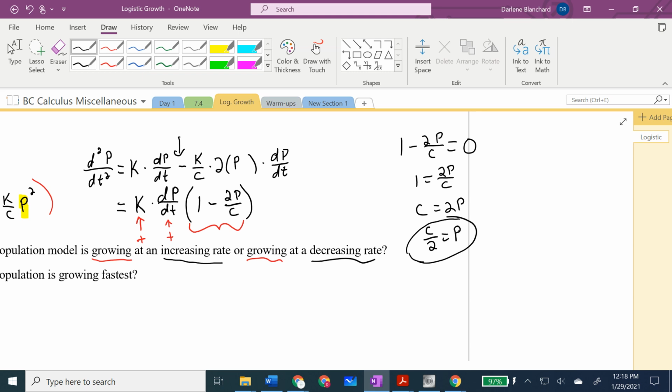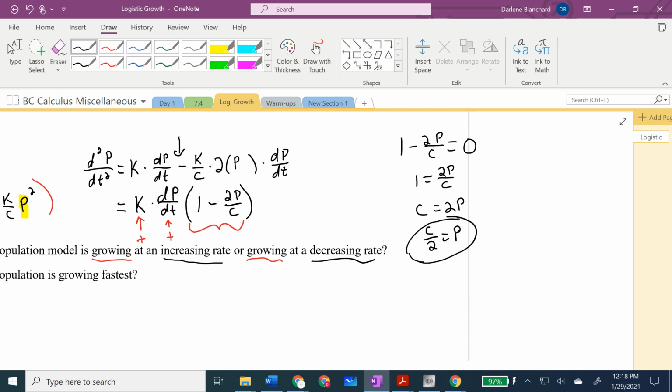Now, to really put that into context, think about what's going on if you are at carrying capacity. At carrying capacity, your growth rate is 0, that means your birth rate equals your death rate. That is a horrible situation, one that I hope none of you or your future has to deal with. That's horrible.